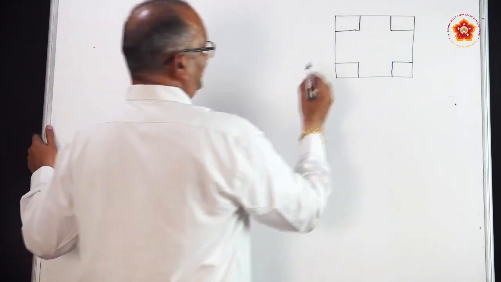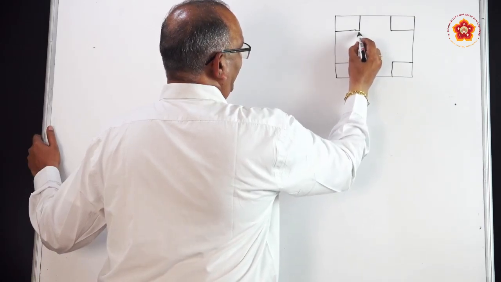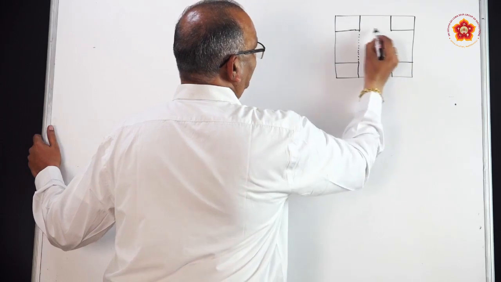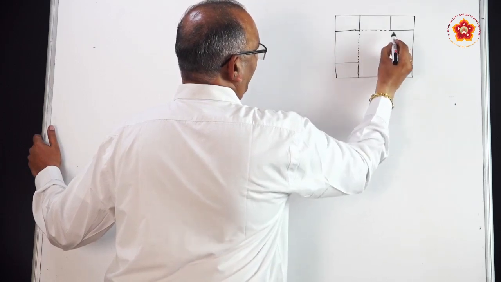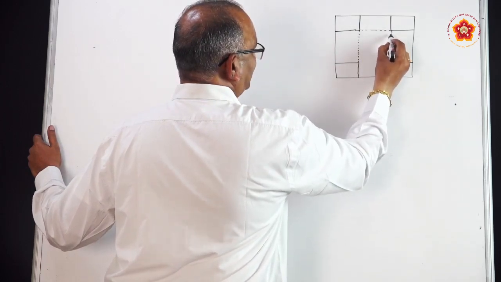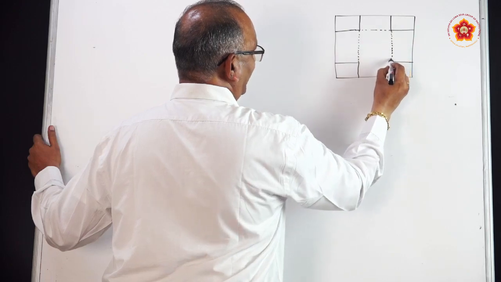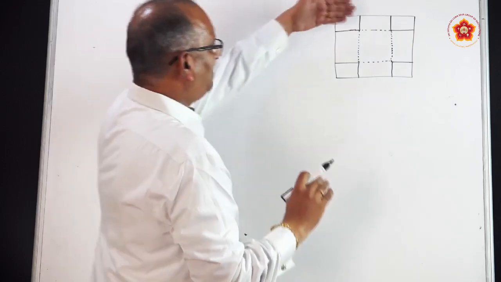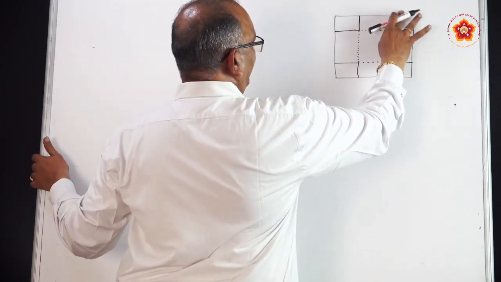We have removed that and then we have folded the sides. So, actually the base of the box is going to be this dotted line. All other things, this part is gone, means we have removed it.